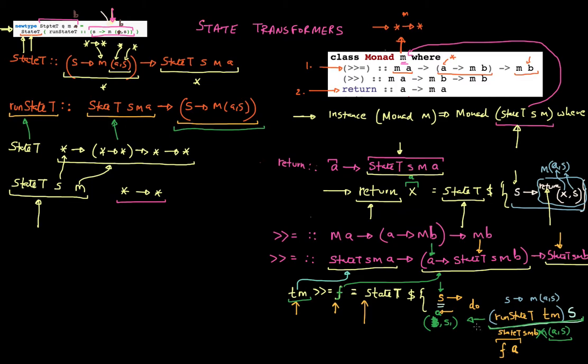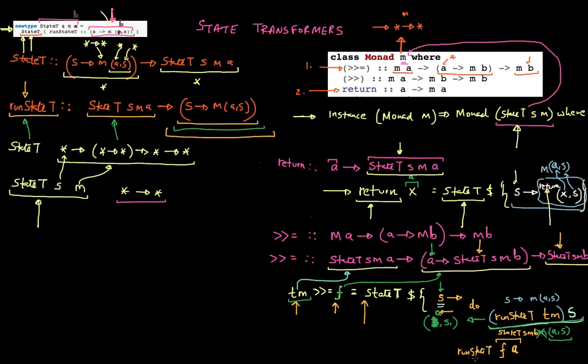On that f of a, if I run the accessor runStateT, which consumes a value of type StateT s m a, and I pass in that value, f of a, this in turn gives you back this function, this entire piece here, as an output.